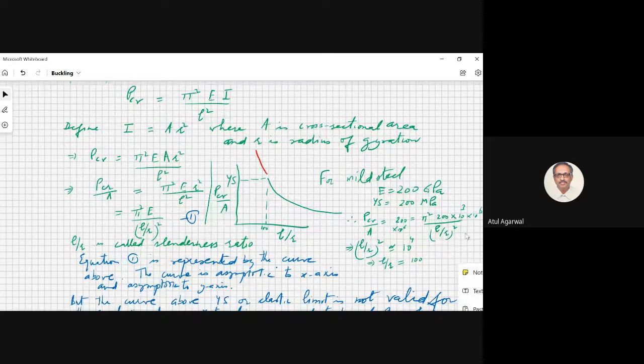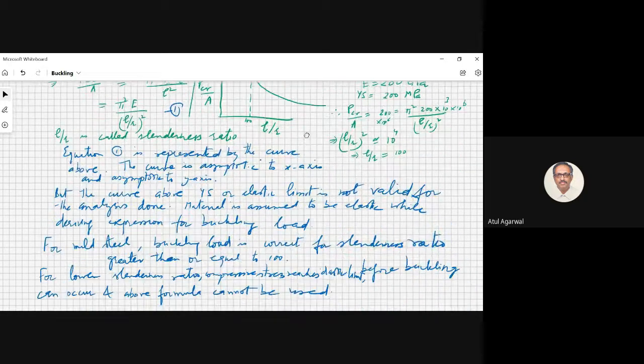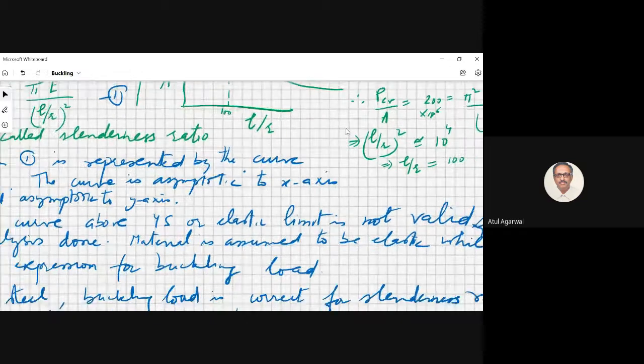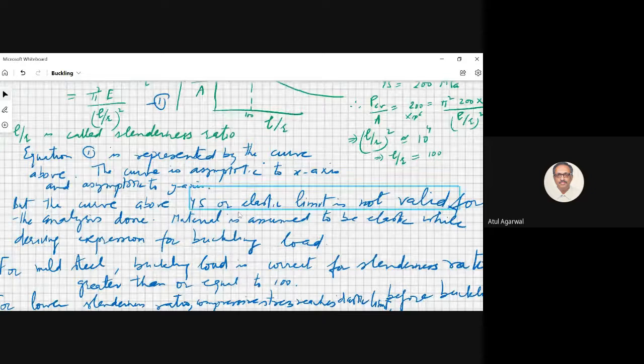So equation 1 is represented by the curve above. The curve is asymptotic to the x-axis and y-axis also. You will find that this curve will be asymptotic, tangential to the x-axis as well as the y-axis. But the curve above the yield stress or elastic limit is not valid for the analysis done.